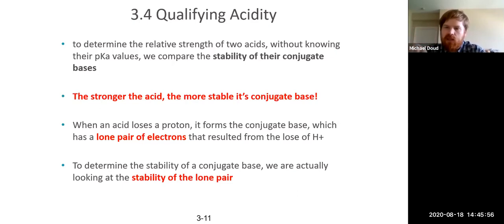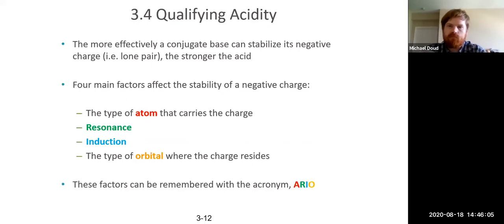To figure out the stability of that conjugate base, that's the lone pair we're going to look at. And we have what's called the ARIO method to help us determine it. The more effectively that conjugate base can stabilize the lone pair, the weaker of a base it's going to be, and so that means it's coming from a stronger acid.